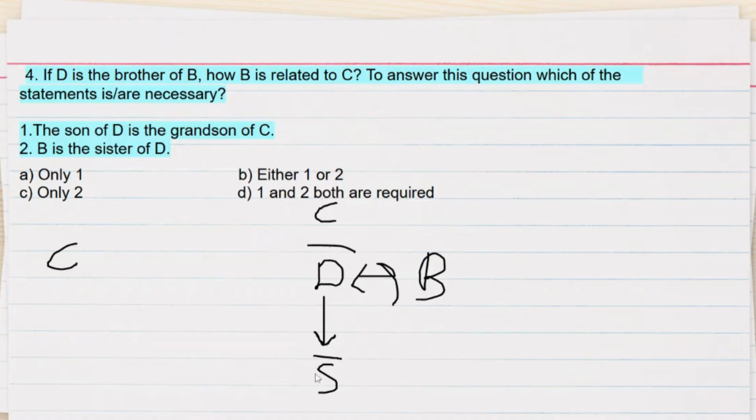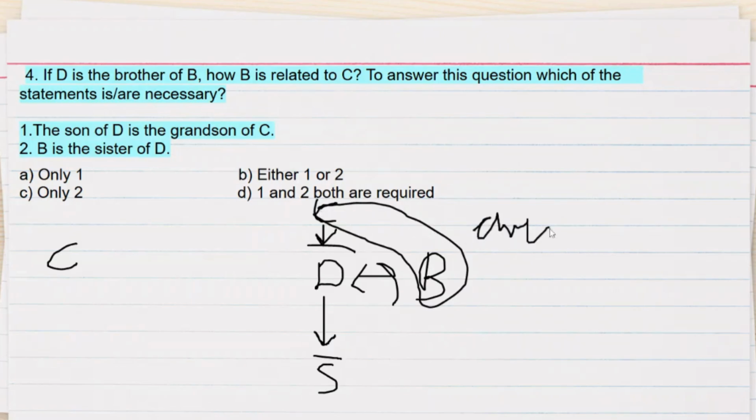So C is the parent of D. In this way we know that these two are siblings. If C is the parent of D, and D and B both are siblings, so C is also the parent of B, right? So how is B related to C? B is the child of C, right?